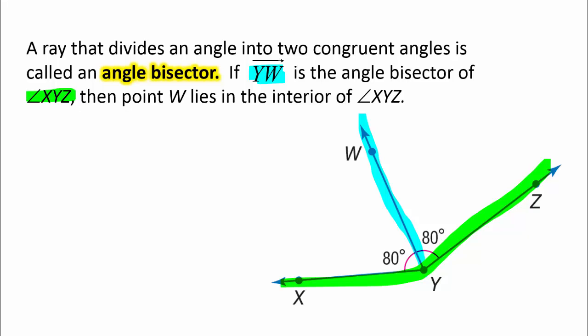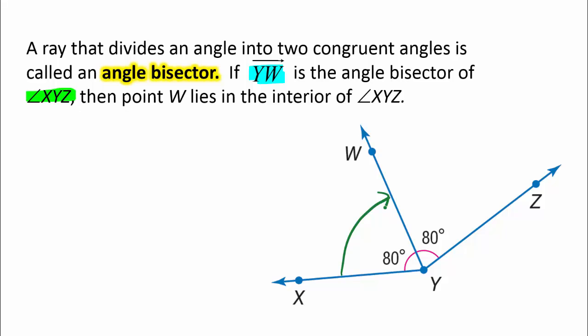And because it is the angle bisector, you can see now that it cuts angle XYZ directly in half, creating two smaller angles. So angle XYW would now be congruent to angle YWZ.